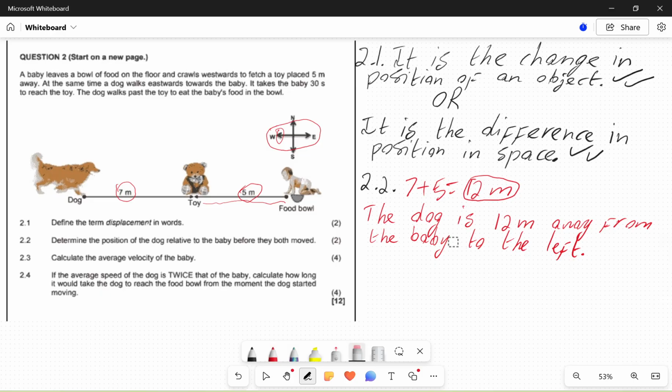Let me just erase. We'll say the dog is 12 meters away from the baby to the west side of the baby.